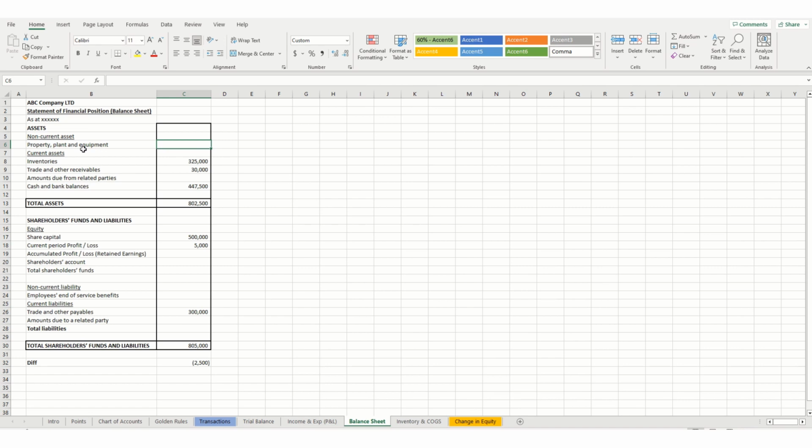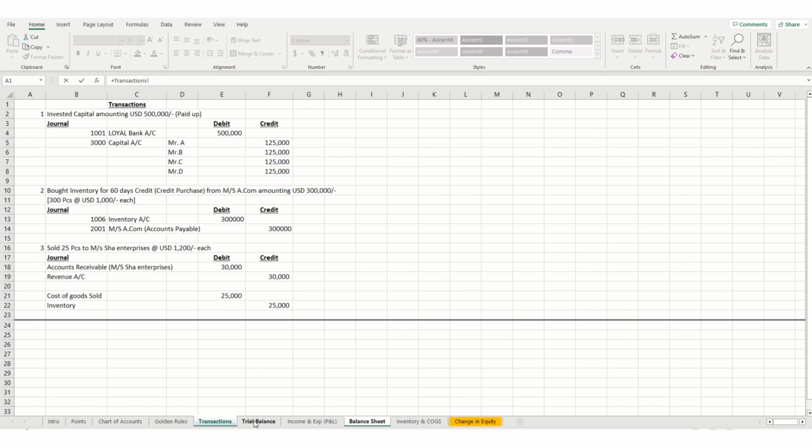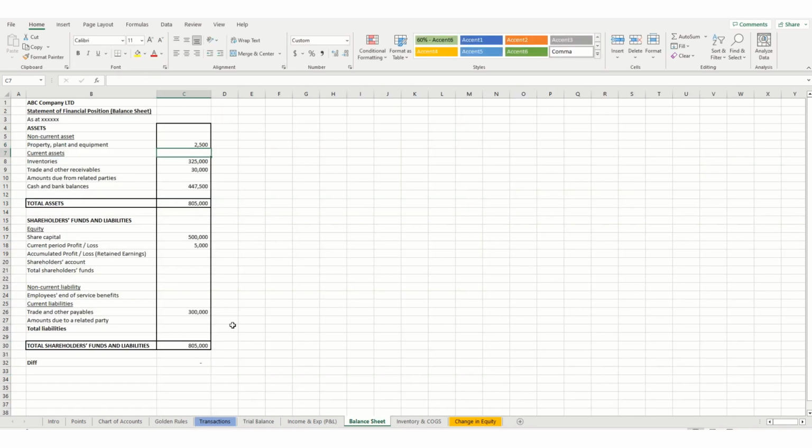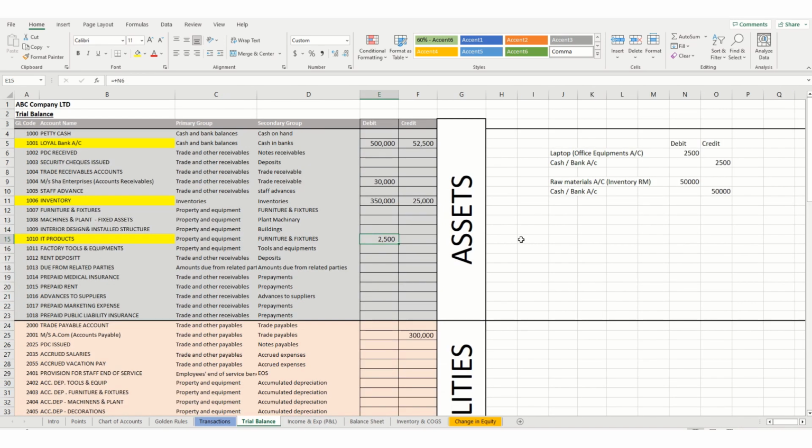So in property, plant and equipment we need to post this 2,500, right? Yeah, so the difference makes zero. We have 805,000 assets and 805,000 liabilities after these two transactions. Okay, so friends, that's all for now.